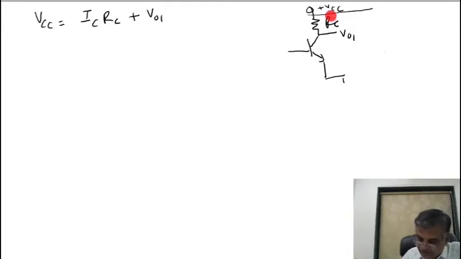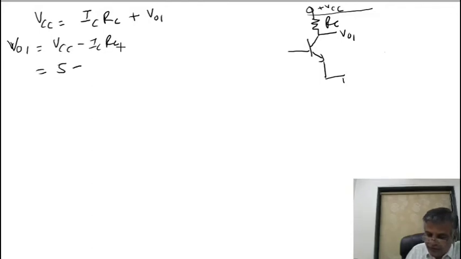What is VCC? This voltage IC into RC plus VO1, which is with respect to ground. This plus this is called VCC. So VCC is ICRC plus VO1. So I can write VO1 is equal to VCC minus ICRC.